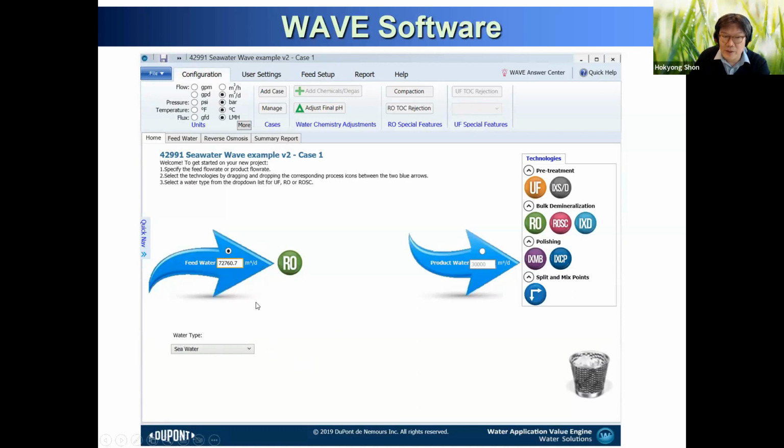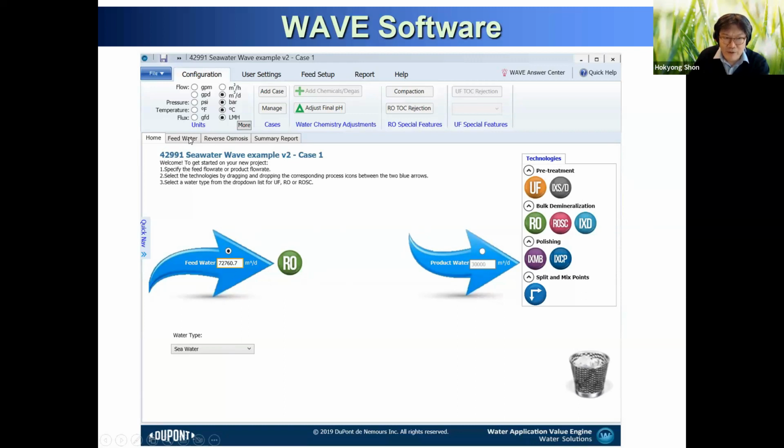So your water quality, you can decide. Also your pre-treatment, you just drag and put it in front of the arrow. You also have different pre-treatments here, so you can select whatever you like in this process.